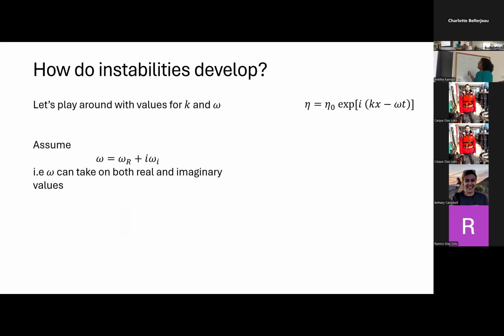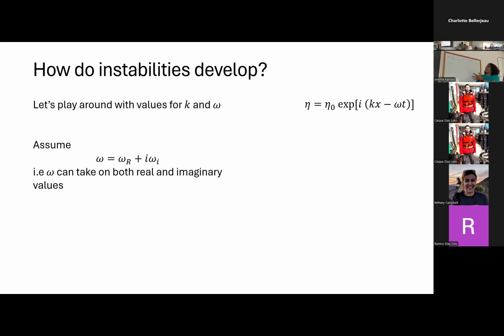And when we do that, let's step back and see what different values of the wave number or frequency of this solution look like, just to build some intuition for what it would look like to have an instability case. In this scenario, K is always real, but we assume that our frequency can take on both real and imaginary values.